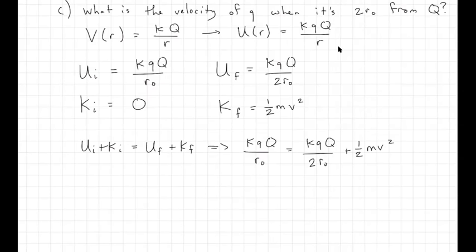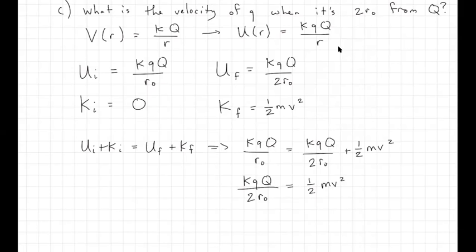I'm going to subtract this part to the other side. So if I take kqQ over r0 minus kqQ over 2r0, I just get kqQ over 2r0 is equal to 1/2 mv squared.